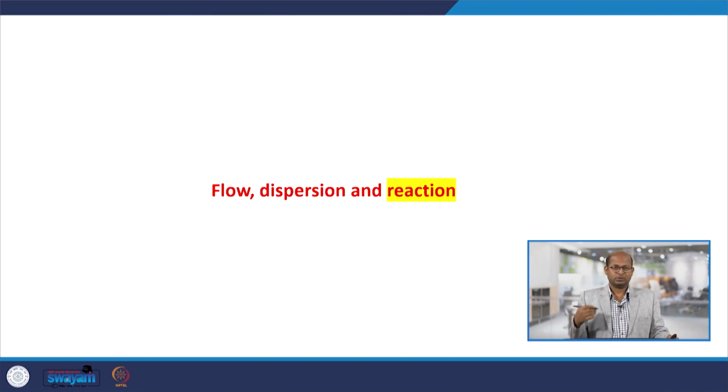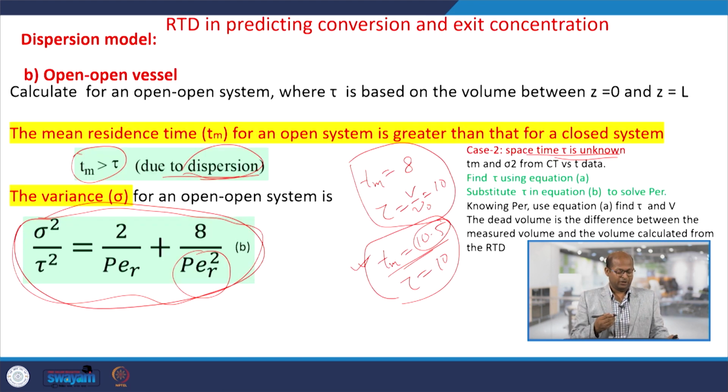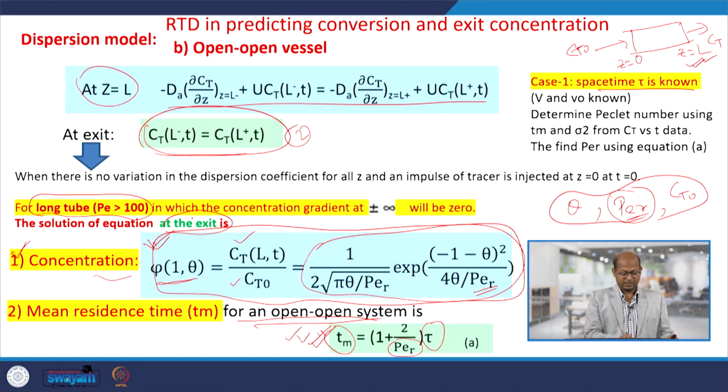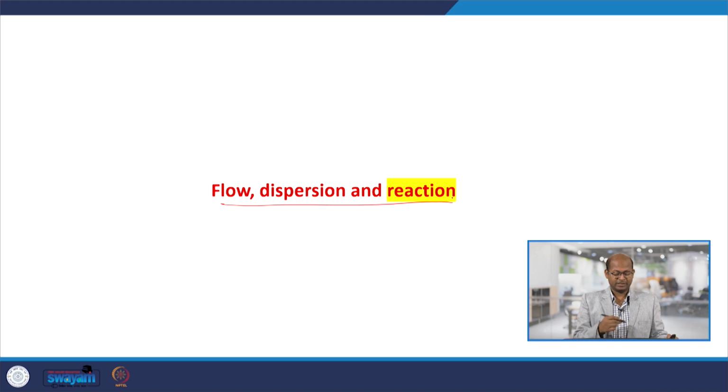So, for open vessel boundary conditions we have used this to find the dimensionless concentrations. Now we are discussing flow, dispersion and reaction systems. We have discussed the tracer test, where the dimensionless concentration was found, the Peclet number was found from the tracer test, and that we can use to solve for the concentrations.